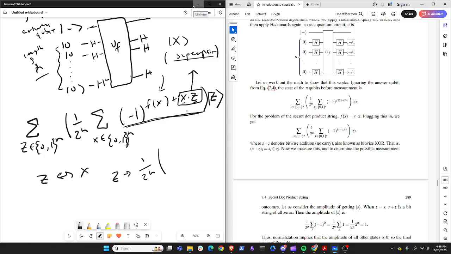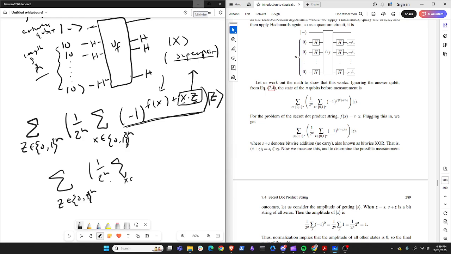So this is reduced down to the sum for all z's here, 1 over 2^n.